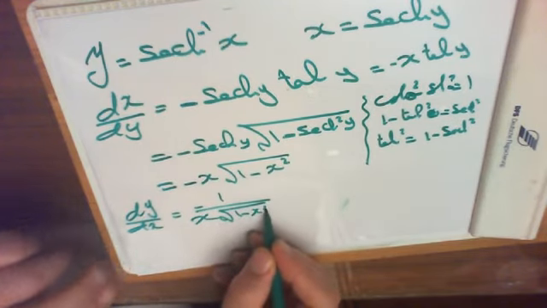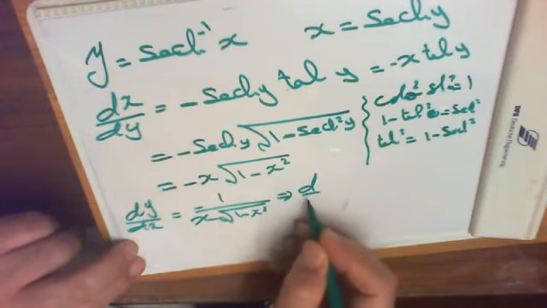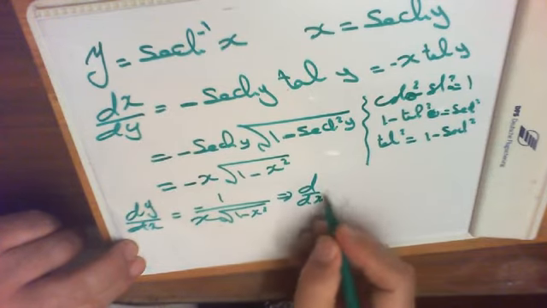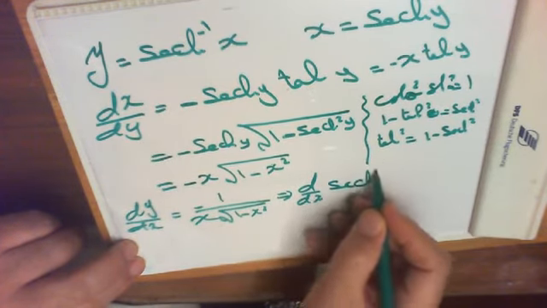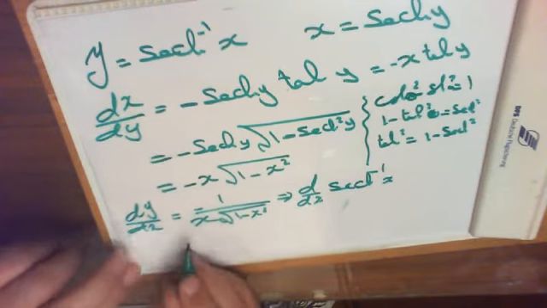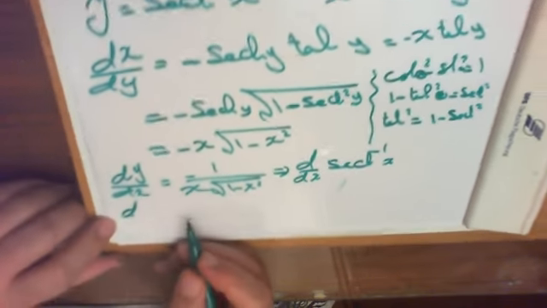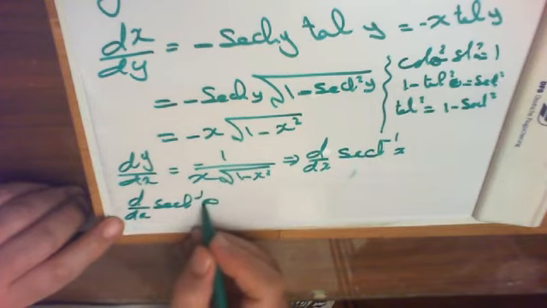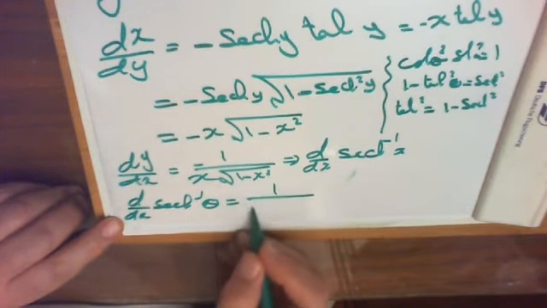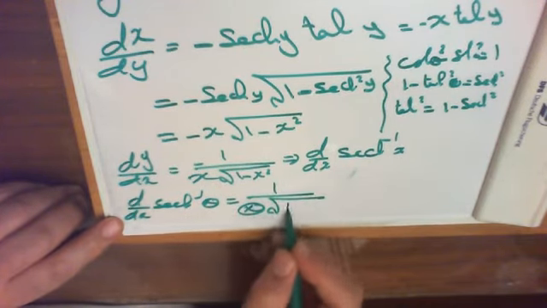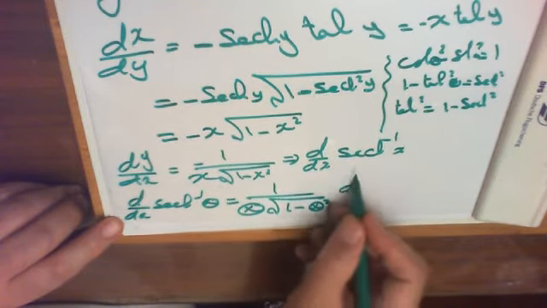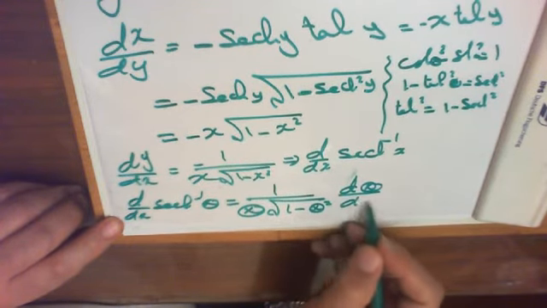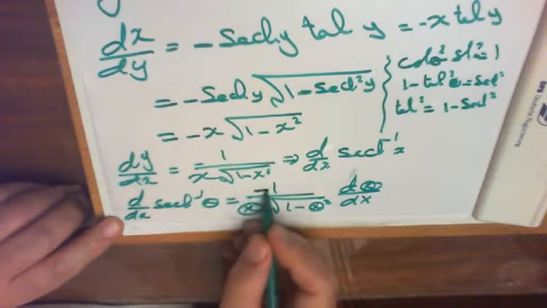Or in other words, d by dx for sech minus 1 x equals this. Or generally, d by dx for sech minus 1 of a quantity equals 1 over that quantity times square root 1 minus that quantity squared, times d of that quantity by dx, with a negative sign, don't forget.